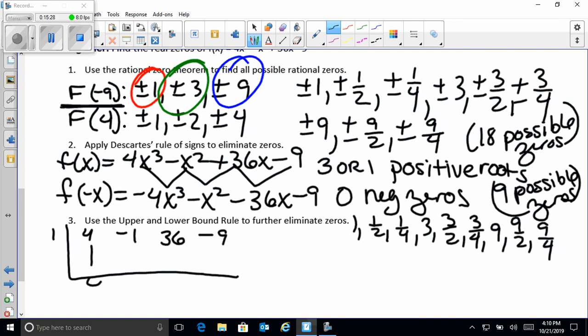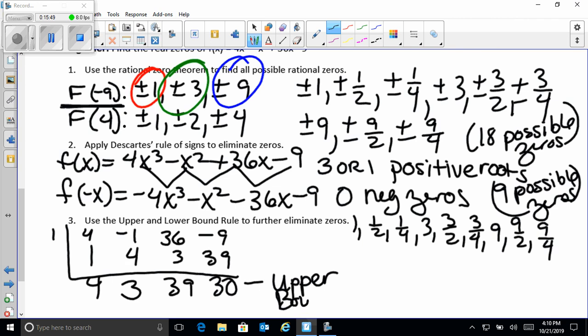Write down that 4. 4 times 1 is 4, so 3. 3 times 1 is 3, 39. And then 1 times 39 is 39, that's 30. So that's all positive, which means that's an upper bound. So anything greater than 1 is not going to be a solution.